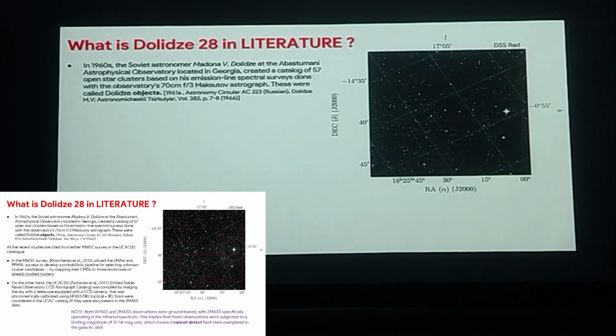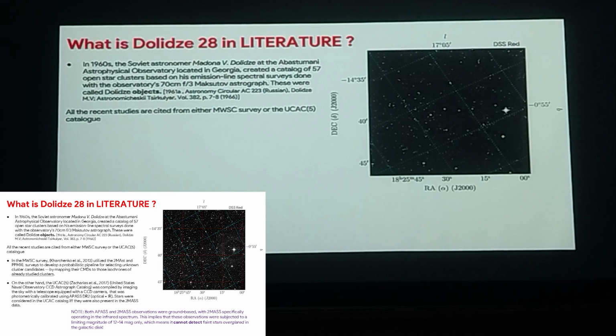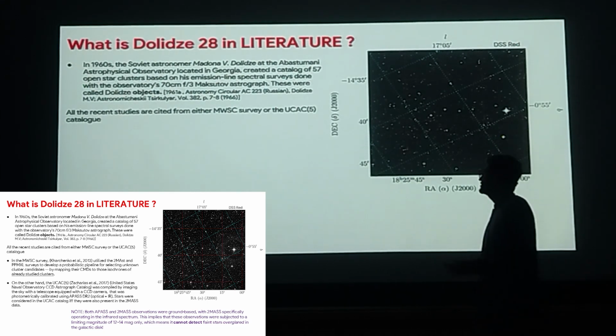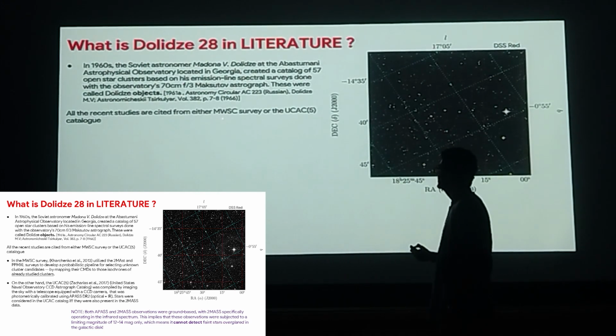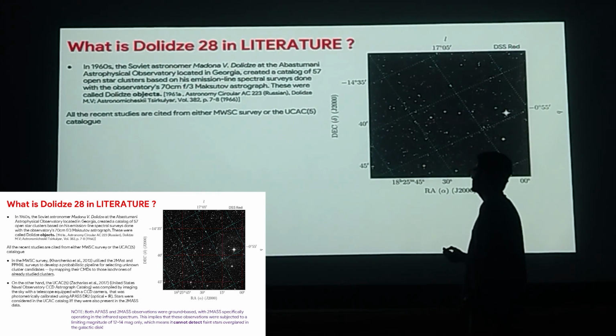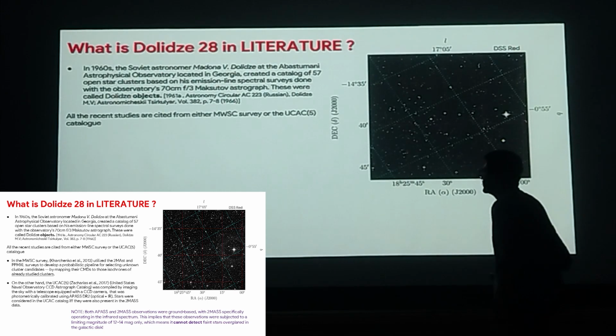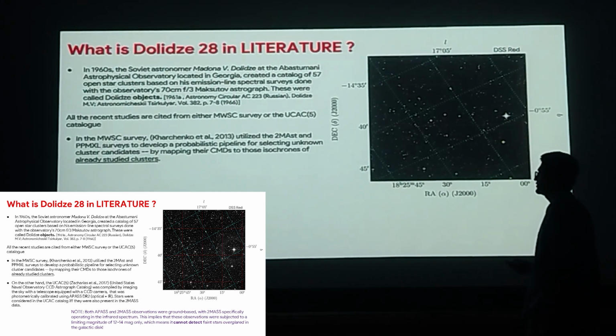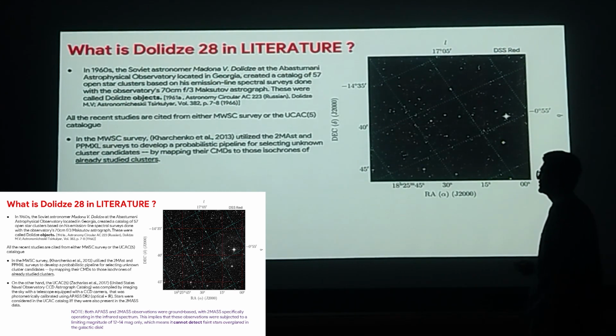After thoroughly reviewing the literature on this cluster, we discovered that all the recent studies are cited from either the MWSC survey or the UCSC 5 catalog. What are these? The MWSC survey was done by a person, again a Russian.